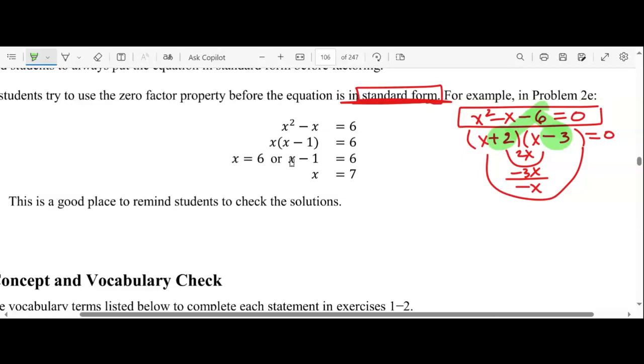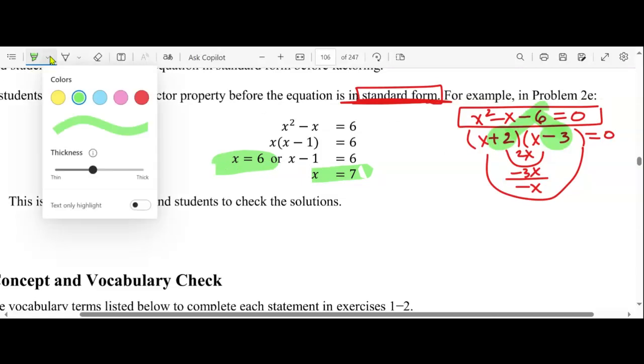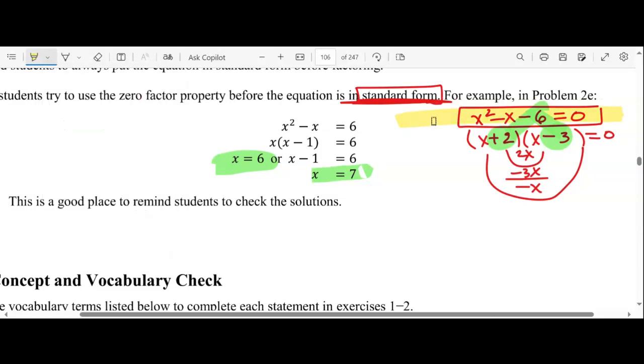Now take a look at the student's answer here. What did he say? So he got it wrong, right? Why did he get it wrong? Because he didn't put it in standard form. You have to put it in standard form. What's the standard form? This one. You have to make it equal to 0.